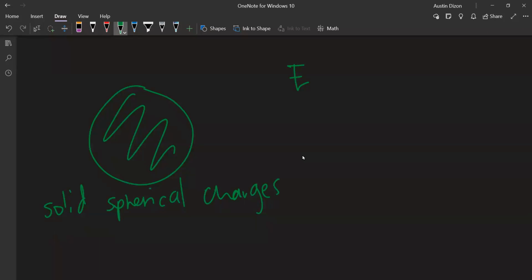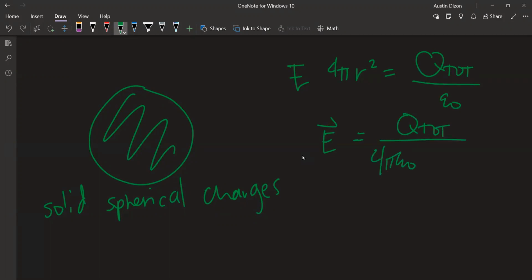E, tapos yung 4 pi r squared must be equal to the total Q. Kasi nasa labas ka na, di ba? So, madali lang yung electric field nito. Total Q over 4 pi epsilon naught r squared, so this r hat. Easy.